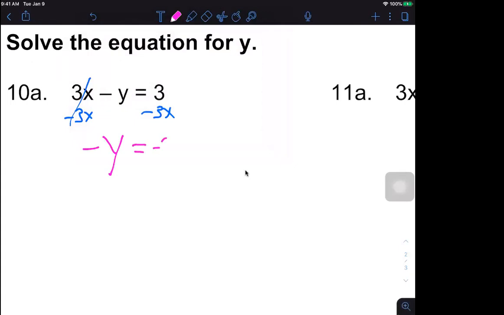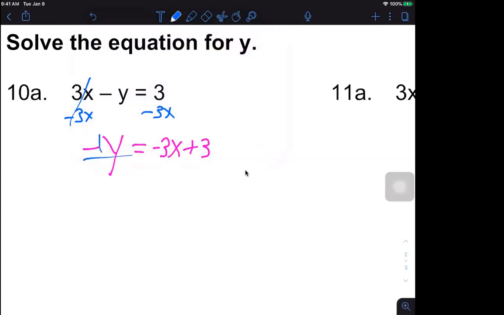equals, remember these are not like terms, you put your variable first, your constant second, and negative 3x plus 3. Now what number is in front of y here? 1. Good, it's just like negative 1.